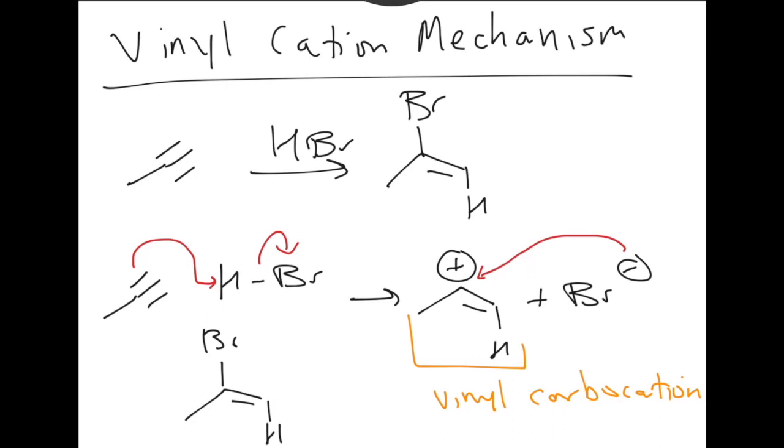So vinyl carbocations are approximately as stable as a primary carbocation. So they're hard to form, right? So this isn't the best mechanism that we can maybe use to explain how alkynes react, because they make this really unstable intermediate. The other mechanism that's a little bit better is the pi complex mechanism.